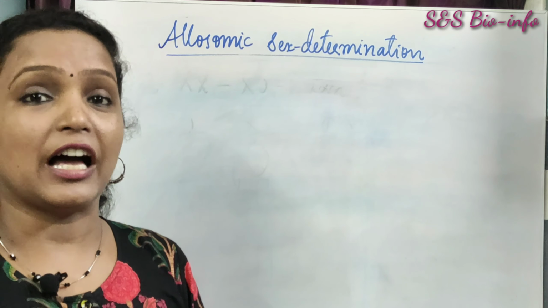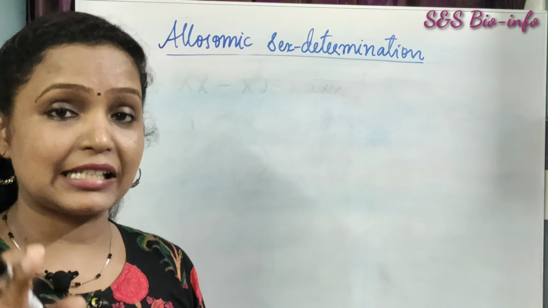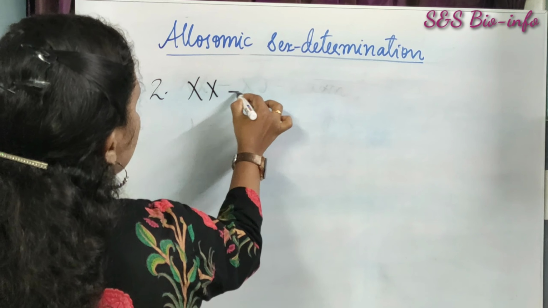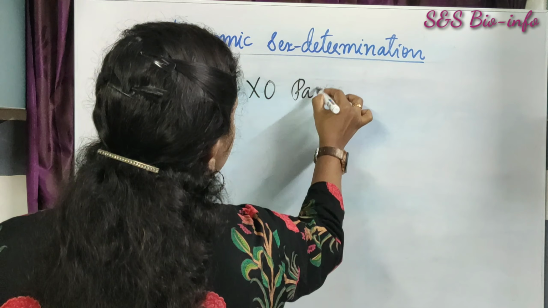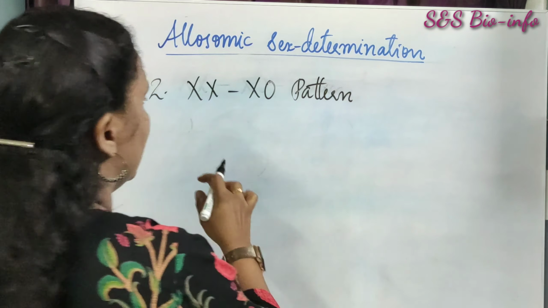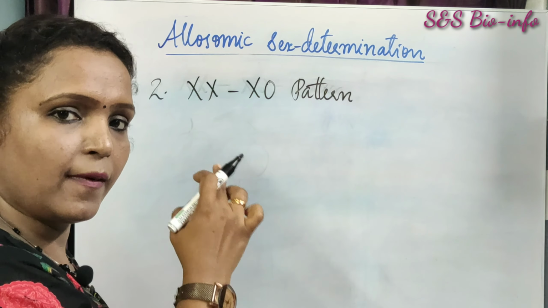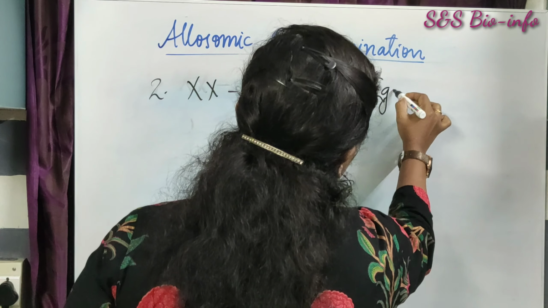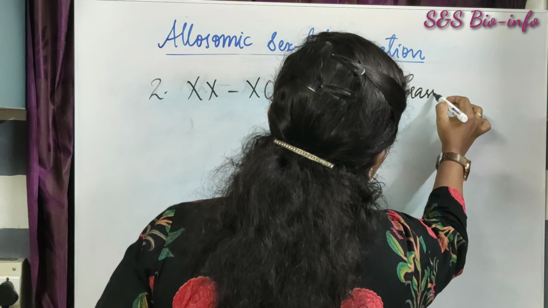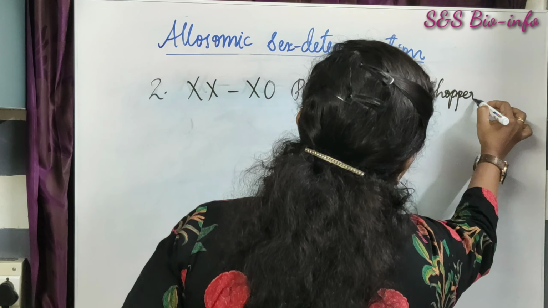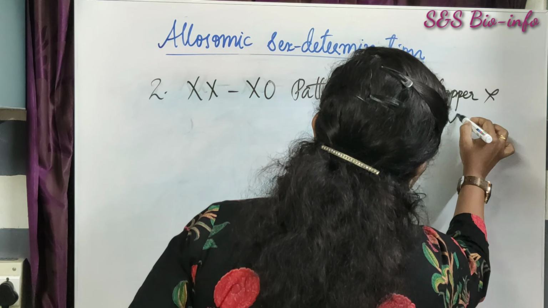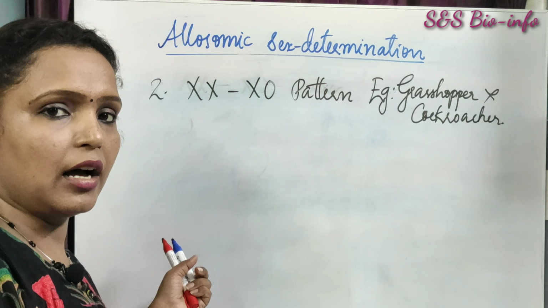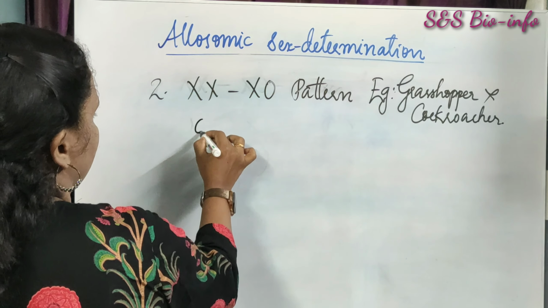The next type of allosomic sex determination is XX-X0 pattern. This type of sex determination is found in grasshoppers and cockroaches. Example, grasshopper and cockroaches. In this case, females have homozygous X chromosome.